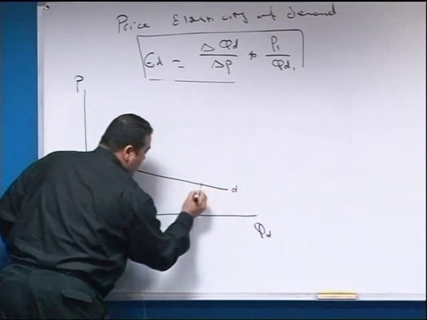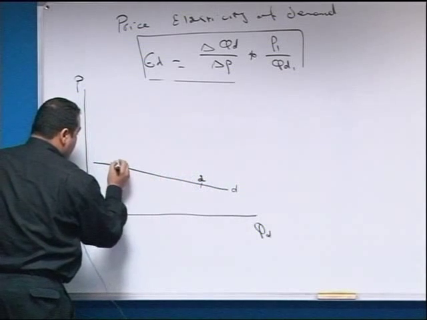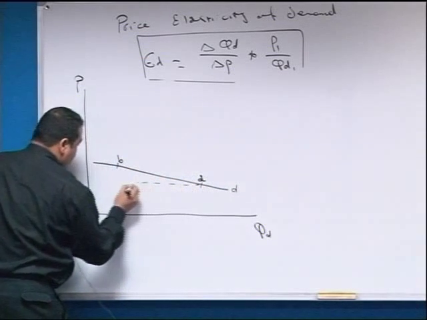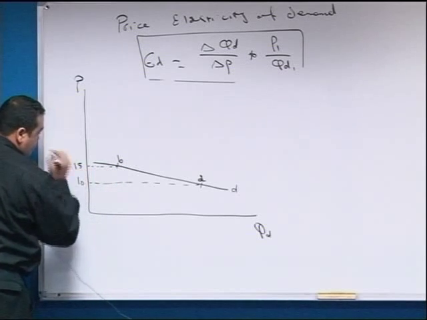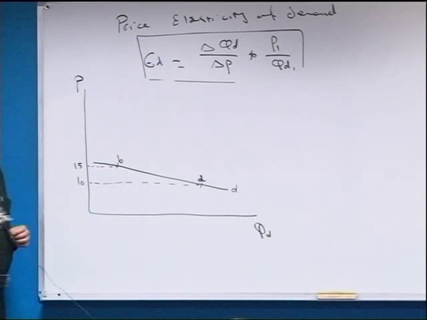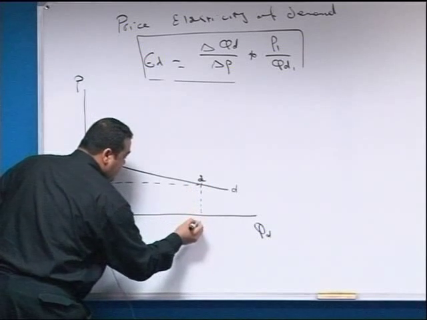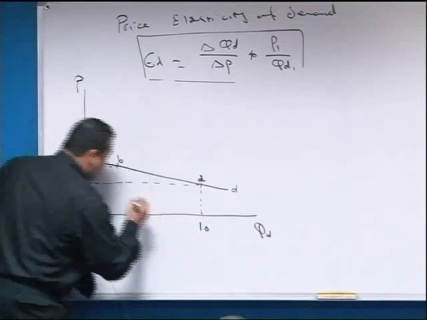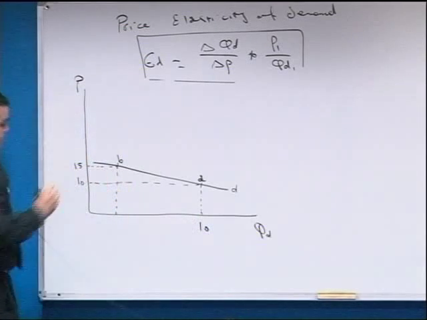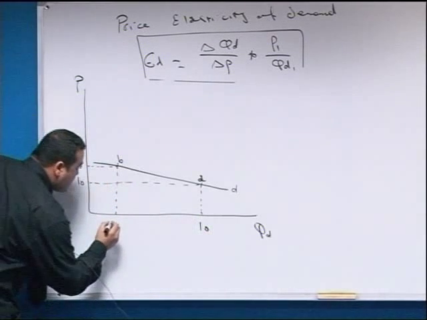This is D, A, B, 10, 15. The original quantity demanded, the old quantity demanded, is 10, and P, suppose it was 4.